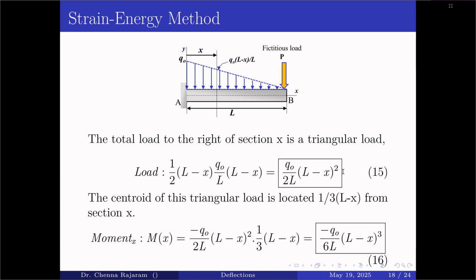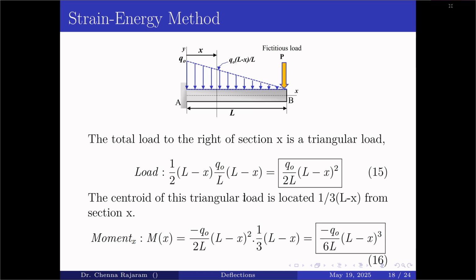The centroid of this triangular load is located at 1/3 of L minus X from section X. Here, let us take the triangular load that we consider. The intensity is Q naught into L minus X divided by L, and the area of this triangular load is equal to half into Q naught into L minus X divided by L into L minus X. If you consider this as the X distance, this distance is L minus X. That's why the load is equal to Q naught divided by 2L into L minus X whole square.